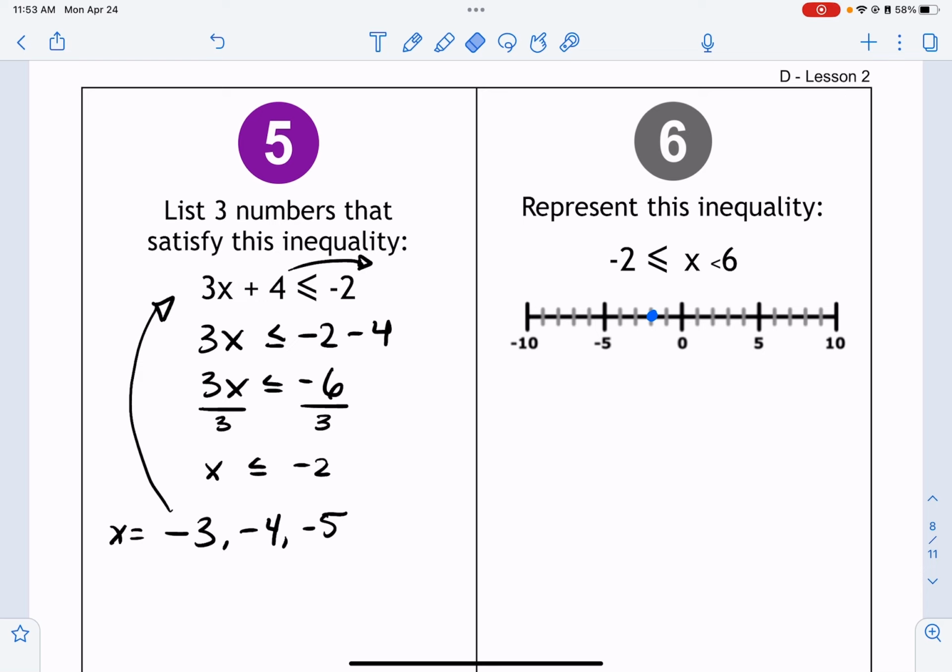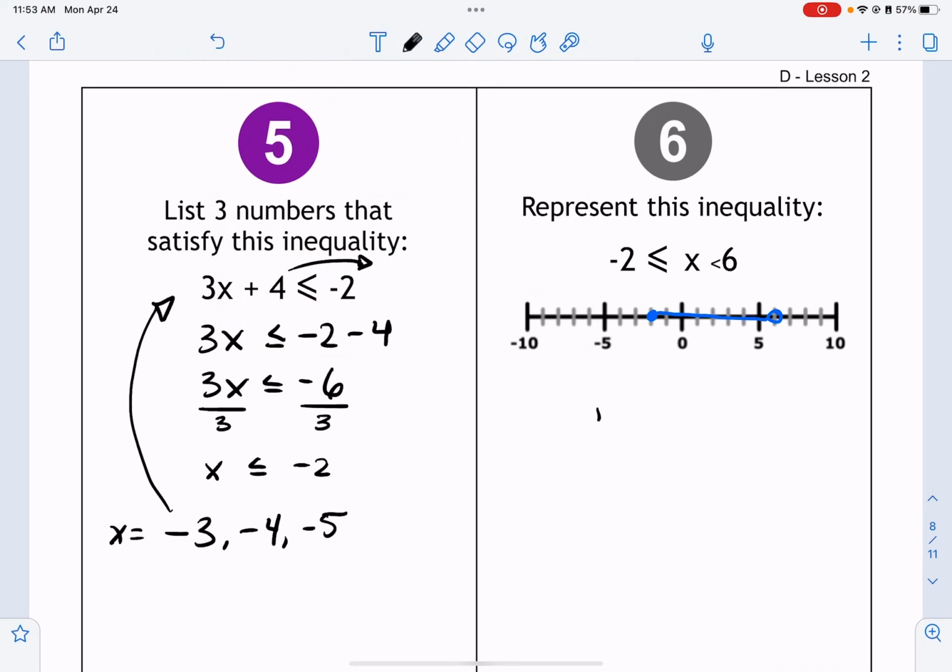We also know the other border of this inequality is 6. But there is no bar under there, so we're going right up to 6, just not including 6. When we're drawing these number lines, we represent this with a hole, meaning that it goes right up to 6, just doesn't include 6. And then it includes everything in between. So that is what that number line looks like.